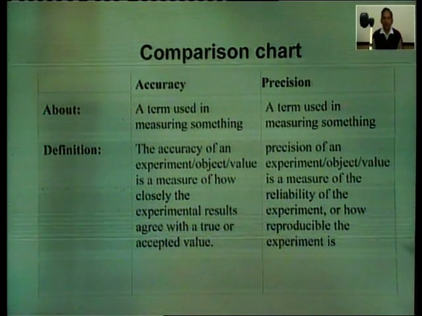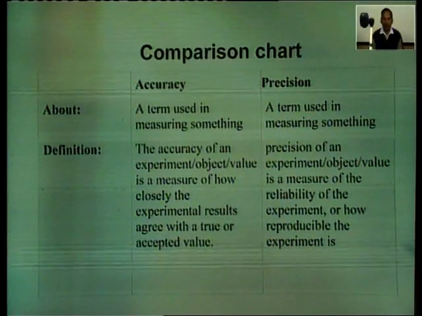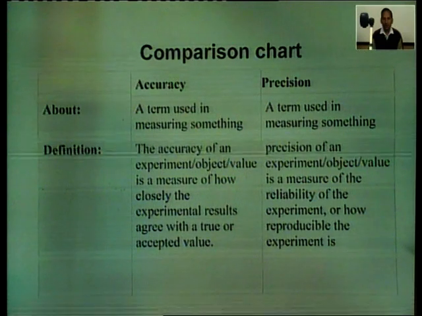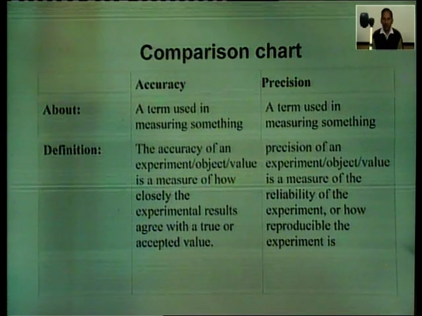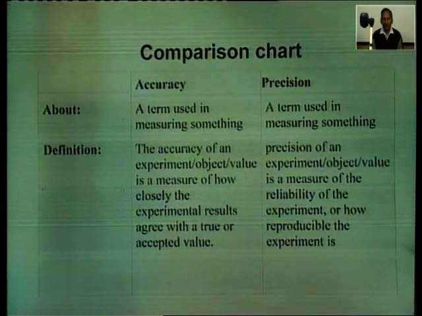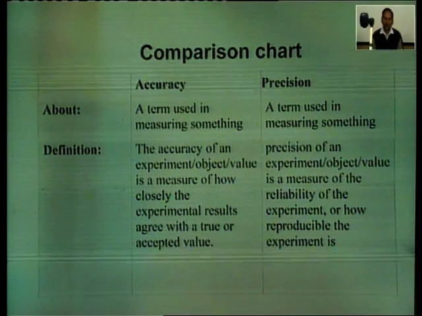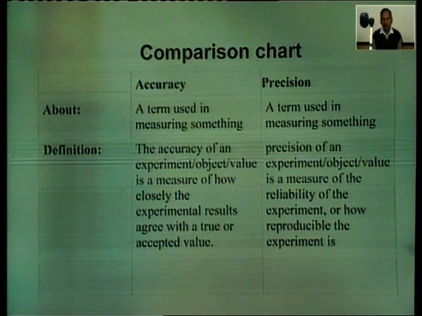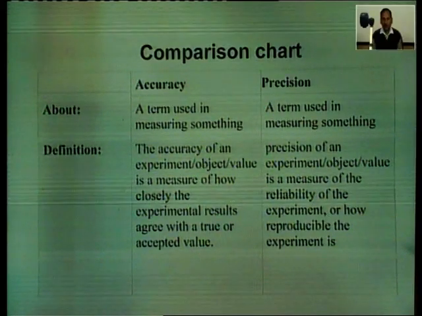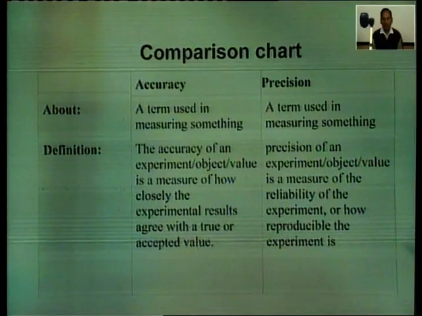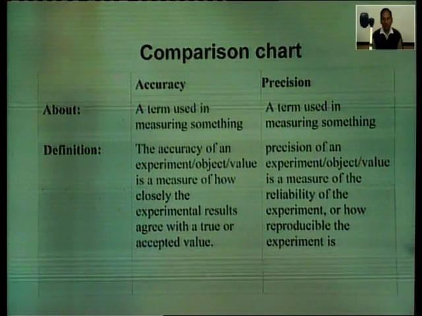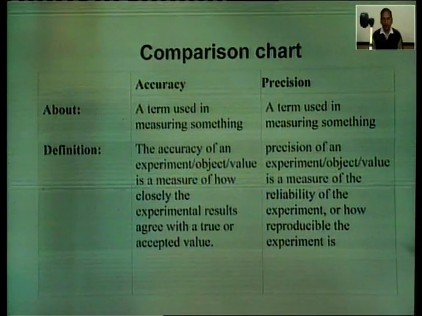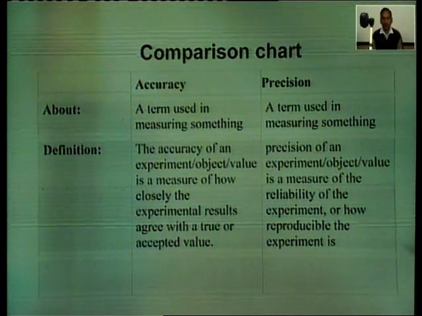Comparison chart between accuracy and precision. Accuracy is a term used in measuring something. Similarly, precision is a term used in measuring something. If we define accuracy, the accuracy of an experiment's value is a measure of how closely the experimental results agree with a true or acceptable value.